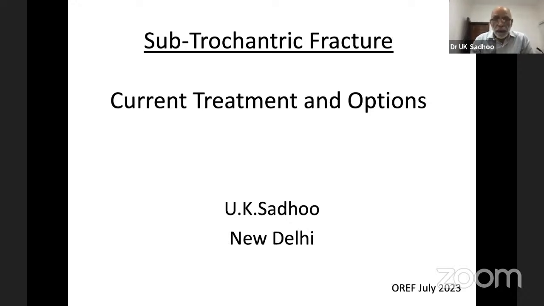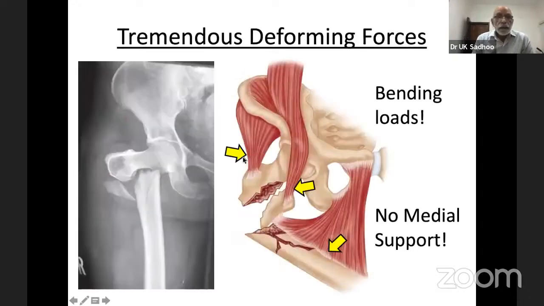So, the peculiarity of the subtrochanteric fracture is that there are tremendous deforming forces. And as you can see, the abductors pull the proximal fragment into abduction, whereas the iliopsoas pulls it into flexion.